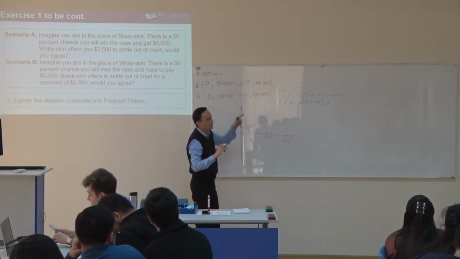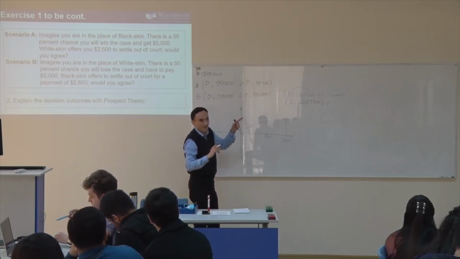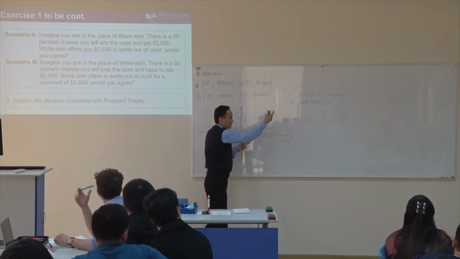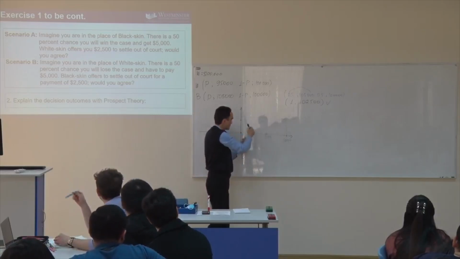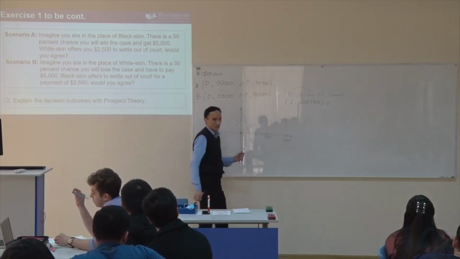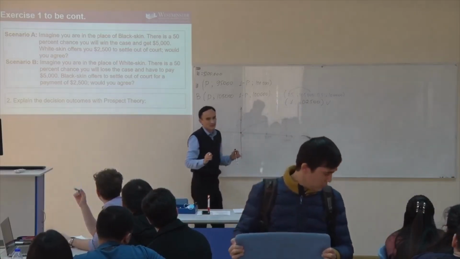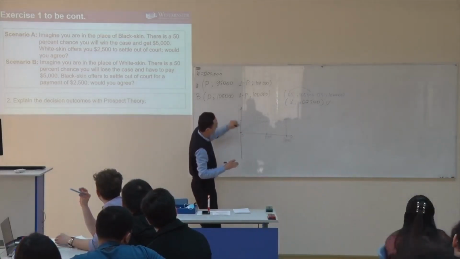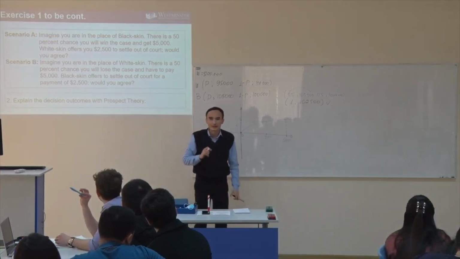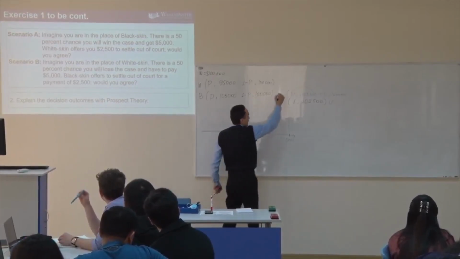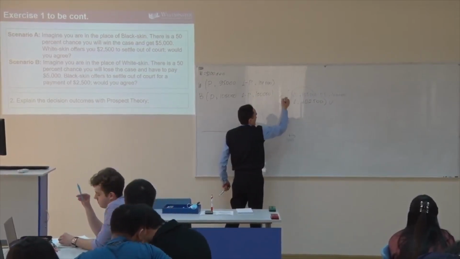So therefore, she will agree. Because if that 50% chance of losing happens, there will be this much reduction. But if she doubles, it will make her a little happy. So therefore, for a little happiness, she will not be taking that risk. Okay, this is on the positive side. It is scenario A.